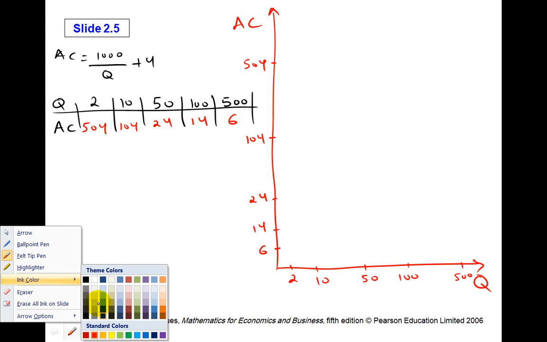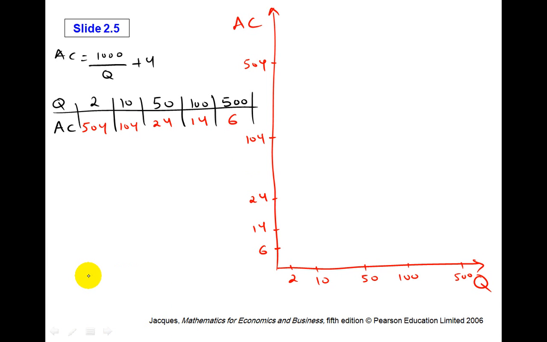Whenever the difference between the numbers is very big, try to make a bigger or a wider space between them. So once the Q was 2, it will be 504 here. When Q is 10, 104. When Q is 50, 24. When Q is 100, 14.